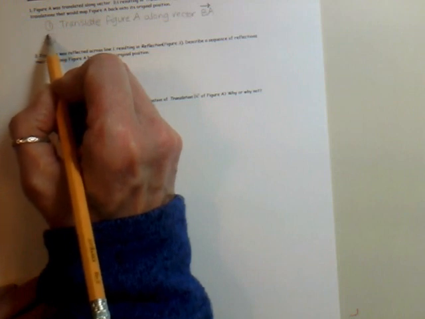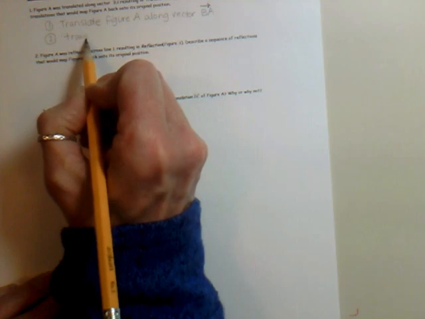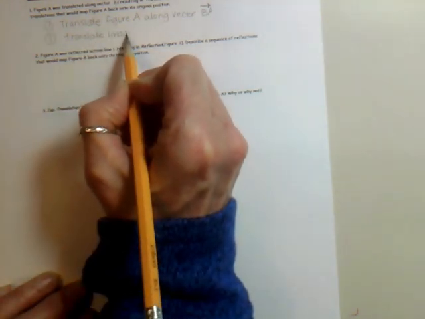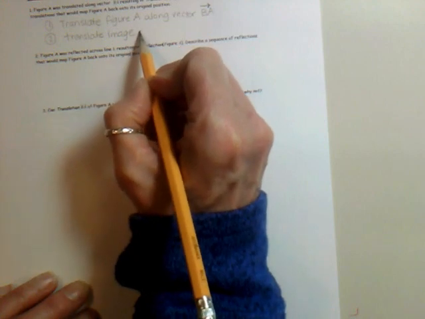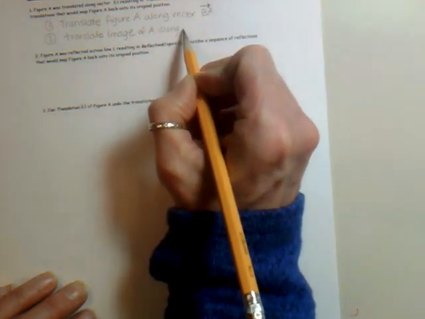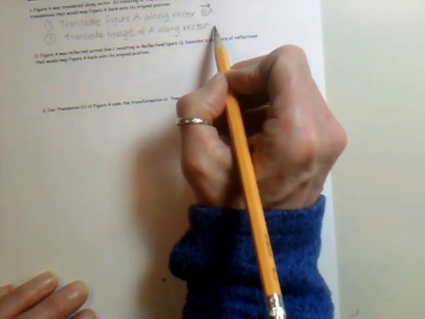Then, to return it back to its original position, we translate the image of A along vector AB.